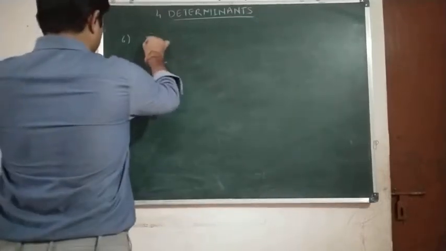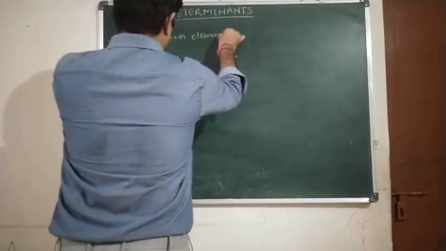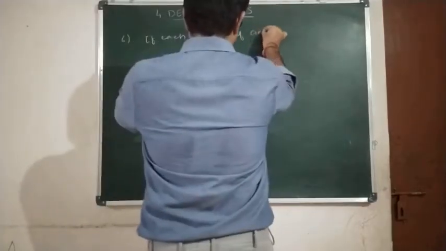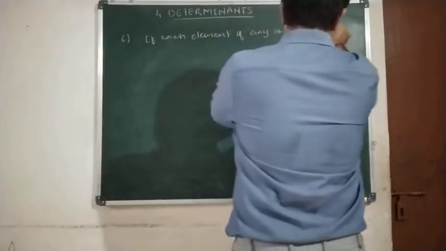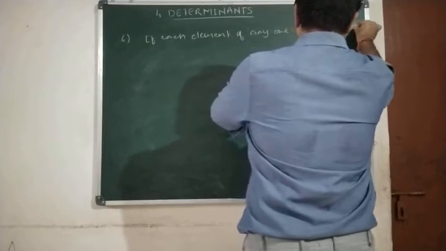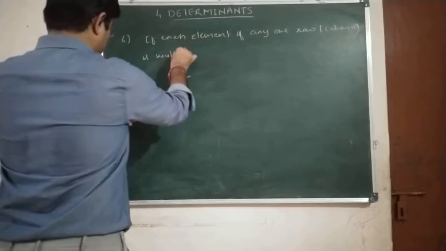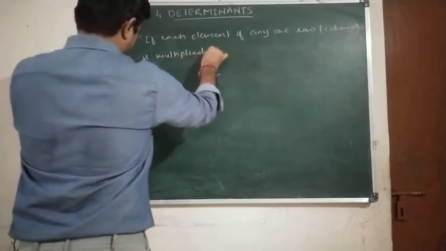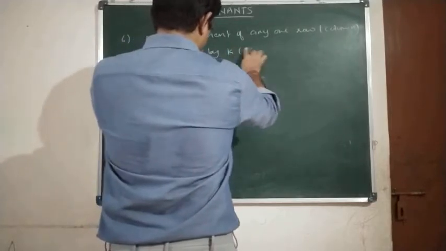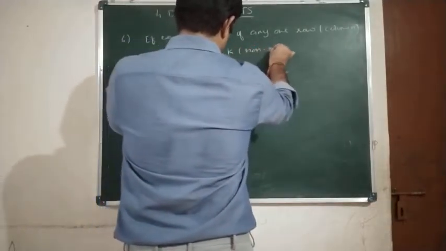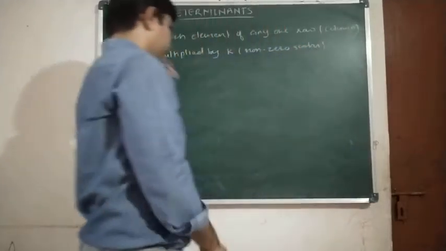So if each element of any one row or column is multiplied by k, what is k? Non-zero scalar quantity, yes or no?